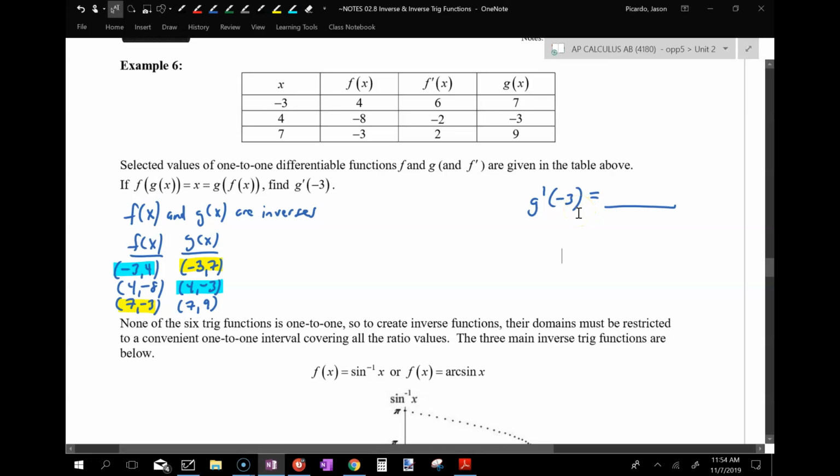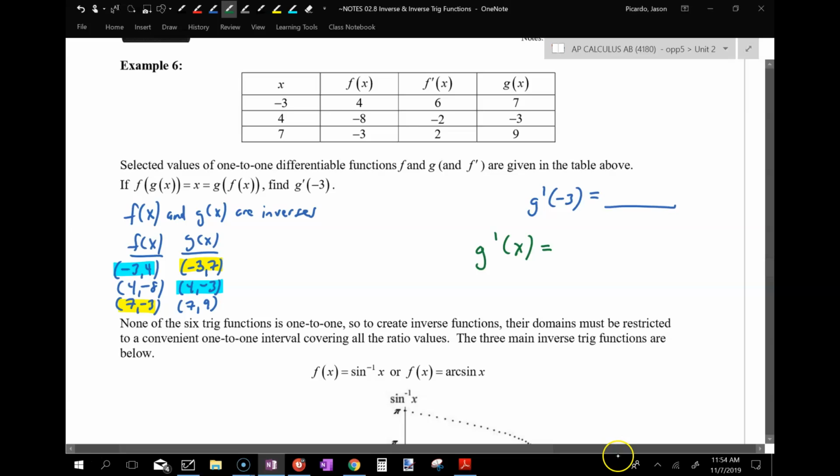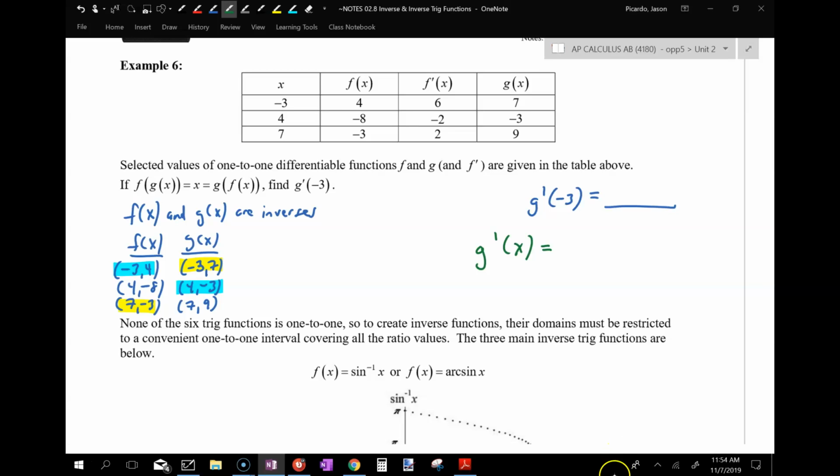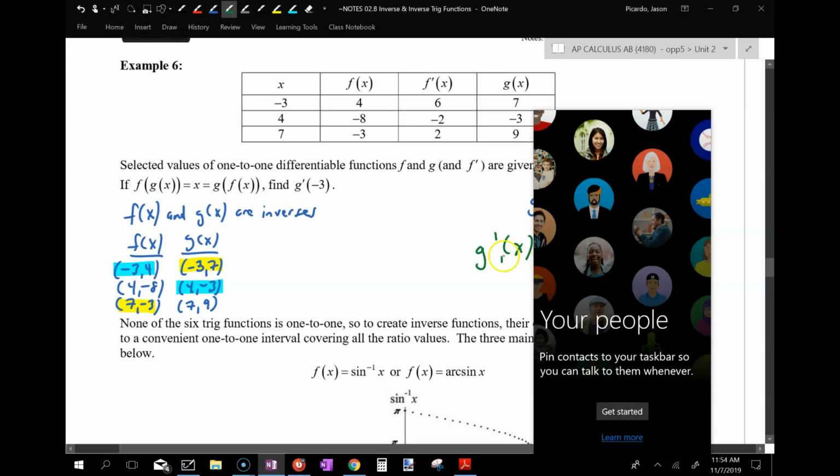I guess I'm going to do it this way. Ready? Brandon, tell me if this makes sense. Hey, don't write it down. I said, ask me if this makes sense. Right? This is the derivative of g, right? Okay. Don't you guys agree?